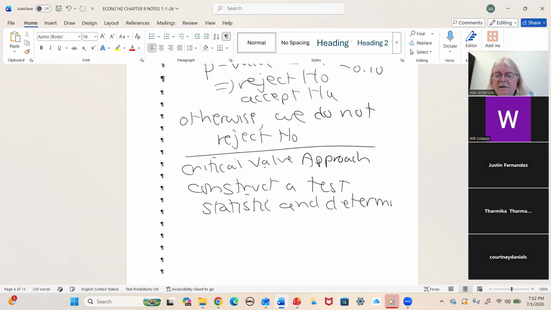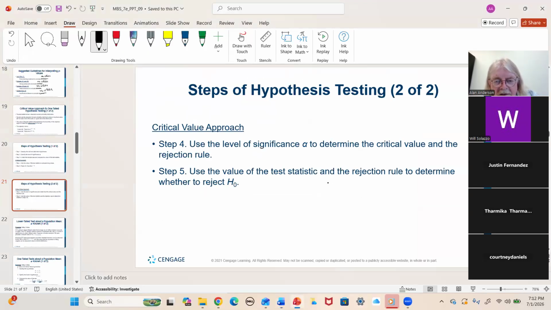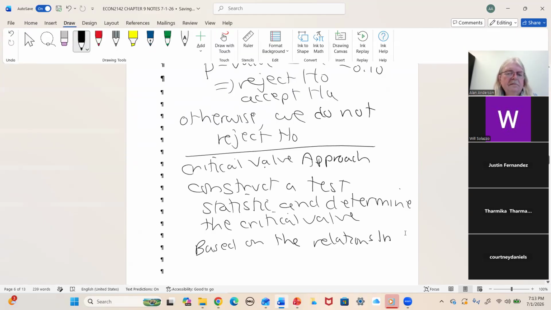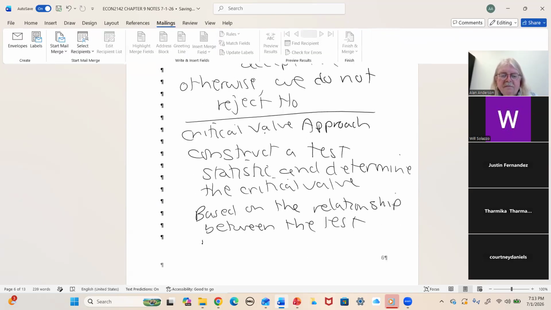I'll explain when we get to the next problem. And then, based on the relationship between the test statistic and the critical value, determine if the null should be rejected.